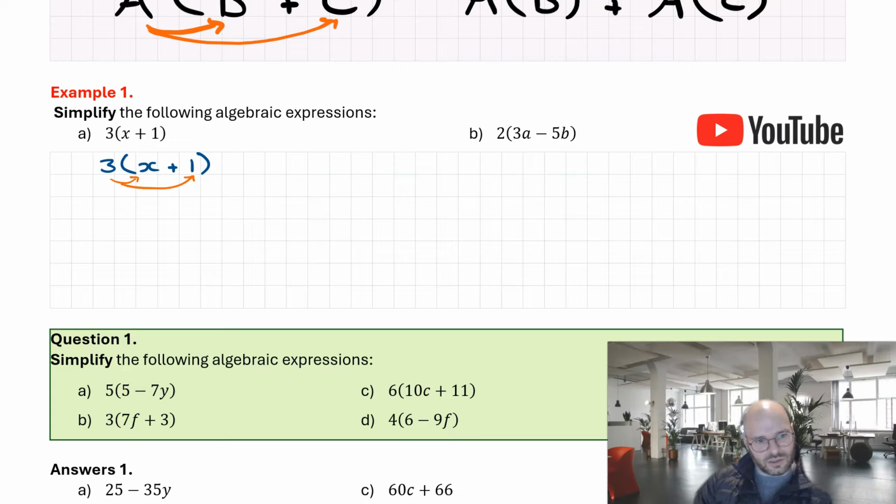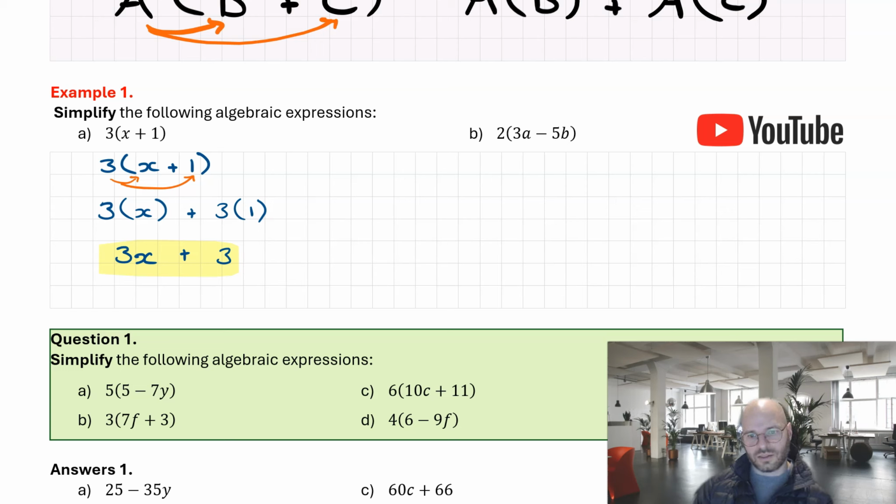This expansion is going to look like 3 in brackets x plus 3 in brackets 1. Completing this, we get 3 x's plus 3 1's, which is just 3. So therefore, our expansion is 3x plus 3.